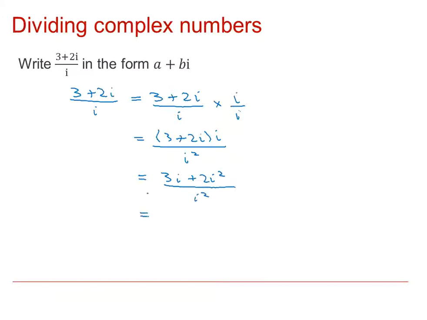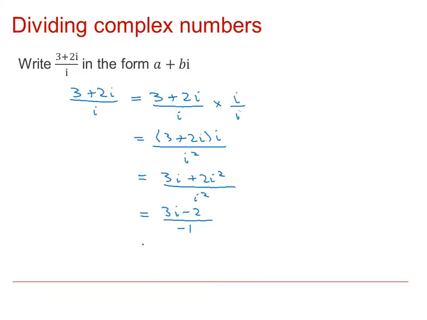We're not allowed to cancel out i's or i squareds here, but we can simplify the numerator and the denominator. So we've got 3i, i squared is minus 1, times the 2 is minus 2, and i squared in the denominator is again minus 1. You wouldn't normally leave the answer in that form.